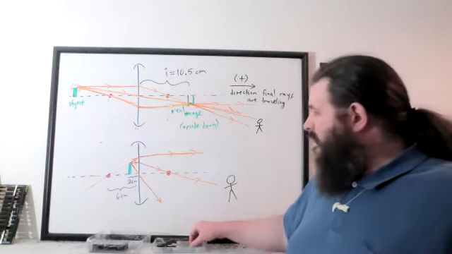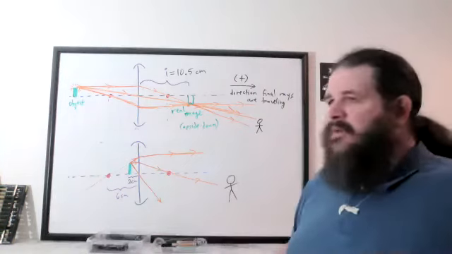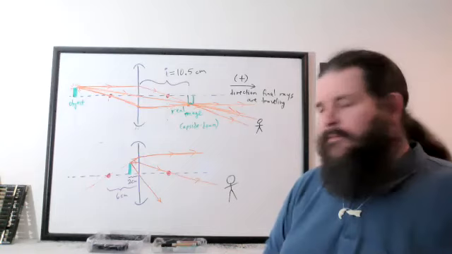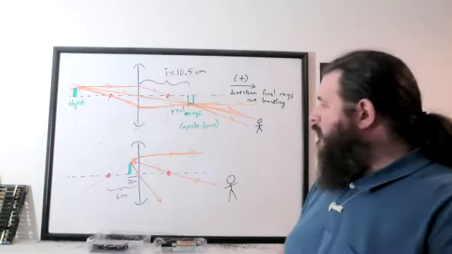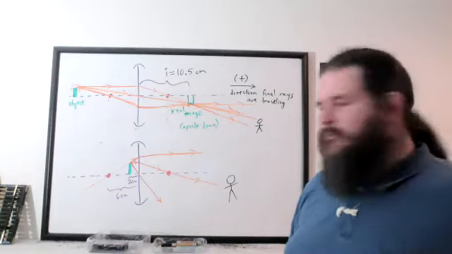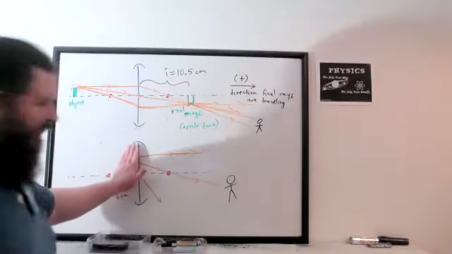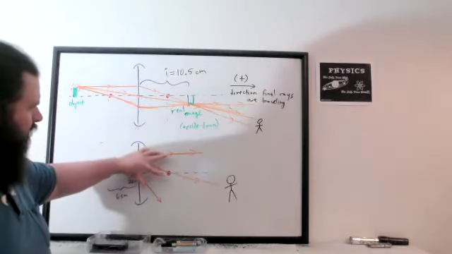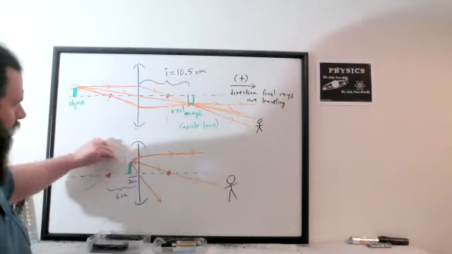And in fact, that's exactly what your eyes do, or not your eyes, but your brain connected to your eyes does. If you imagine where could these rays of light have come from, ignoring what happened before it hits the lens, these rays of light could have come from back here.